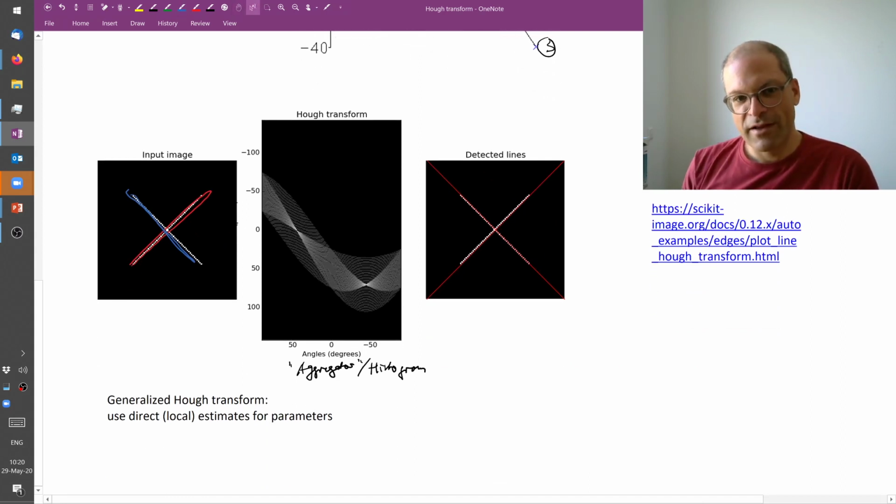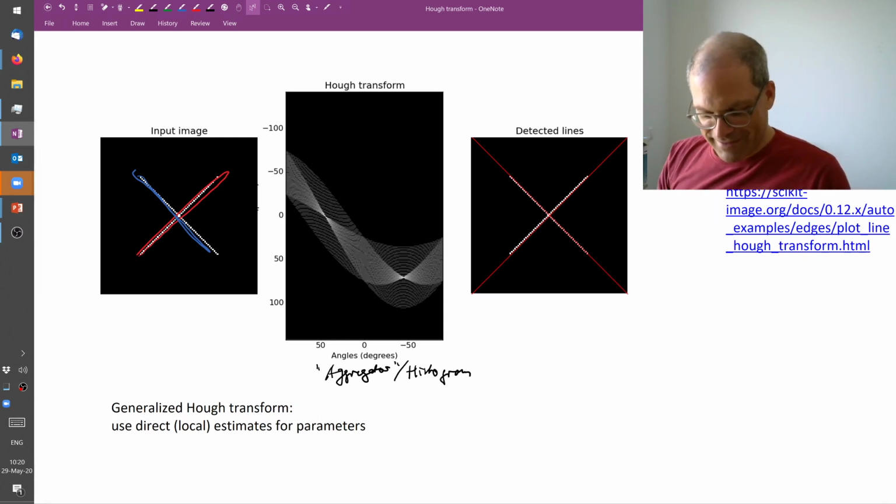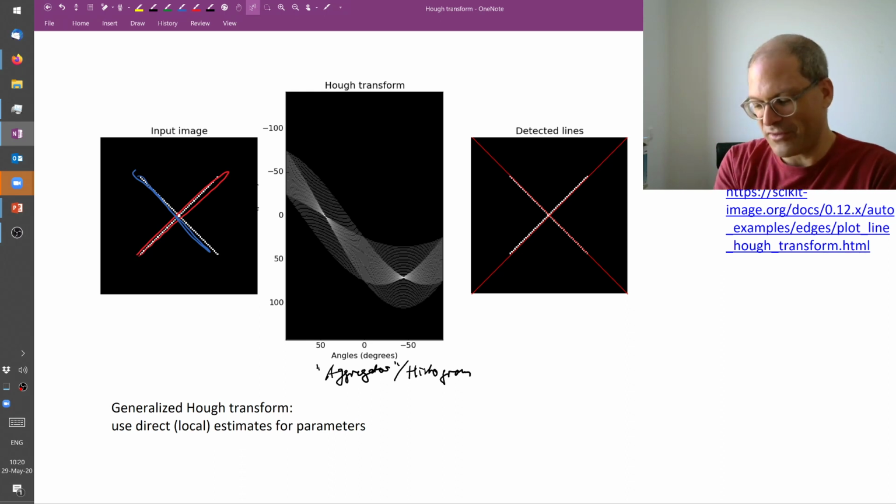All right. So this works if we have forms that can be parametrized very simply.